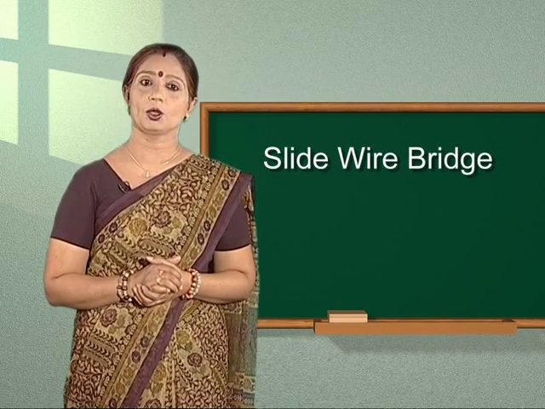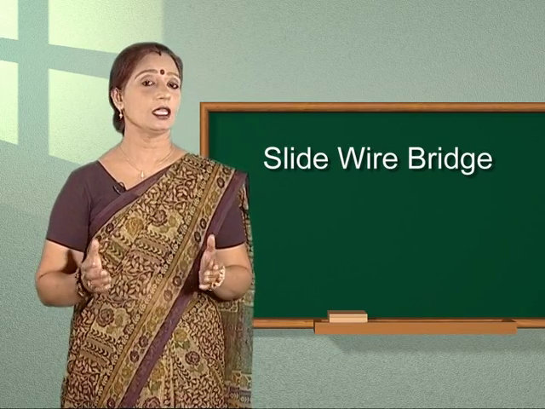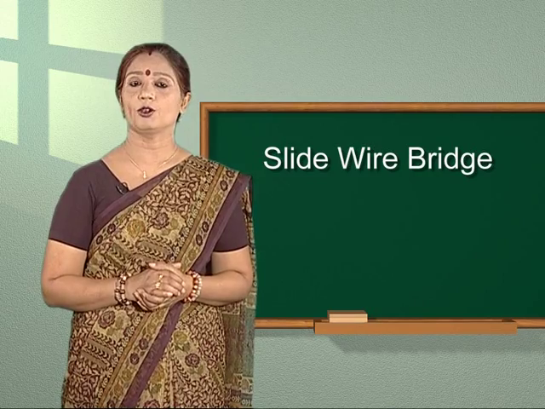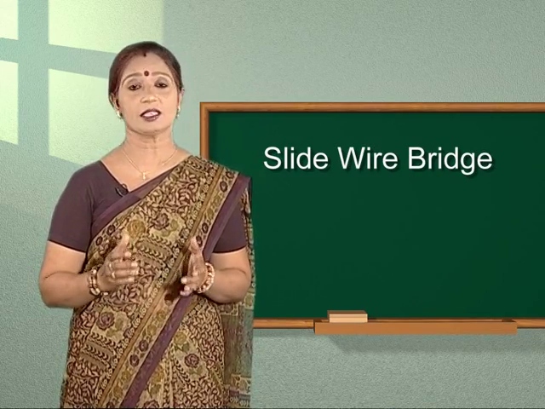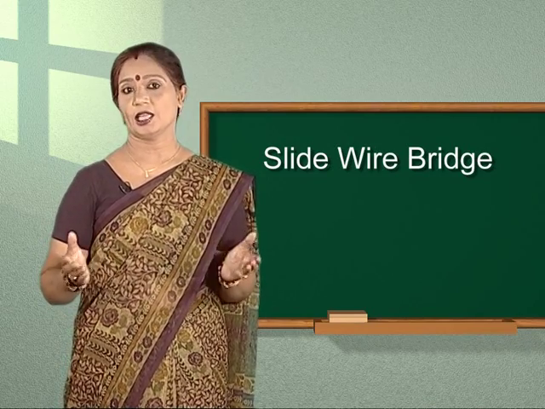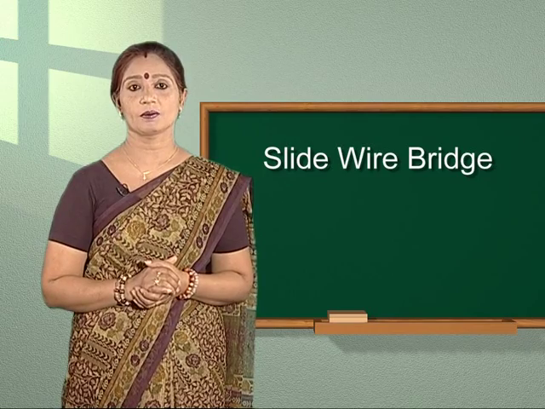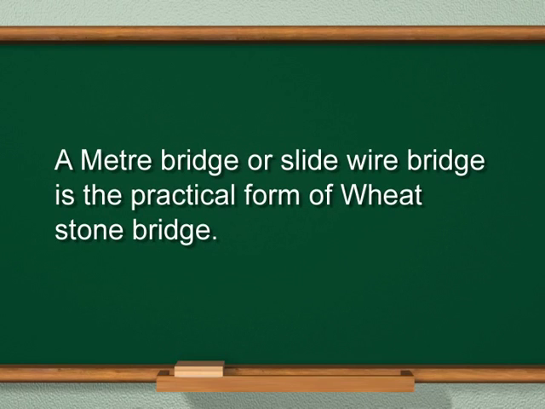Now, if we know the values of the length of the wire L and the resistance R, the value of S can be calculated. There are some interesting facts about a slide wire bridge or a meter bridge that I must share with you all. First of all, let me tell you that a meter bridge or slide wire bridge is the practical form of Wheatstone bridge.